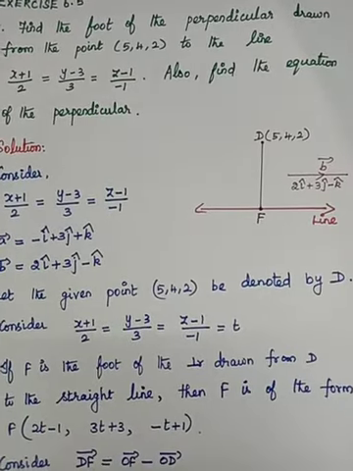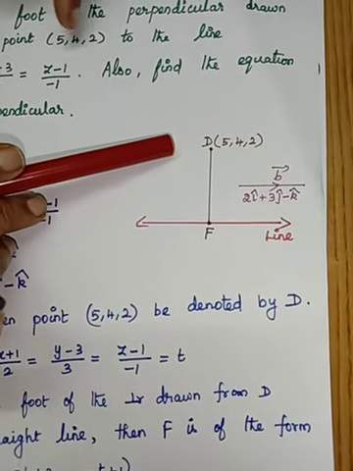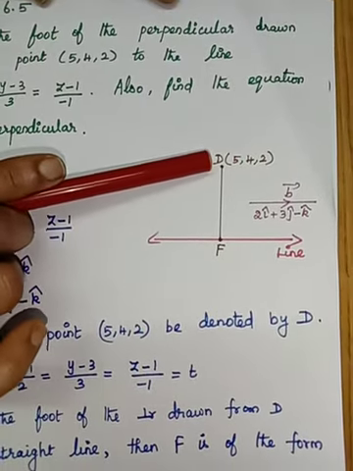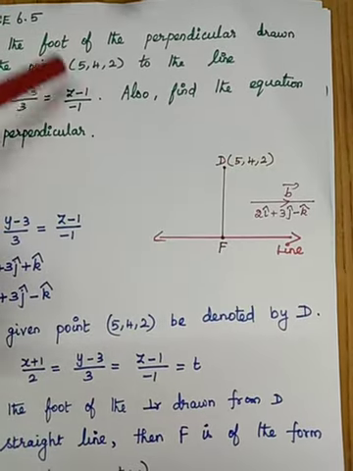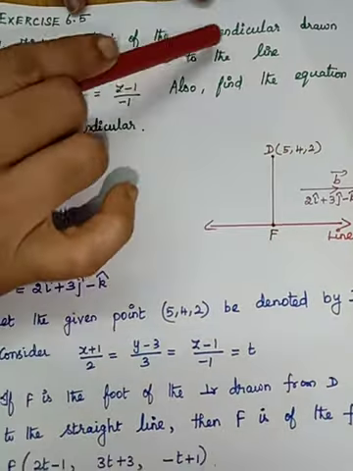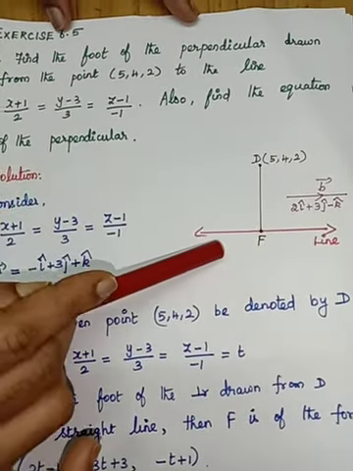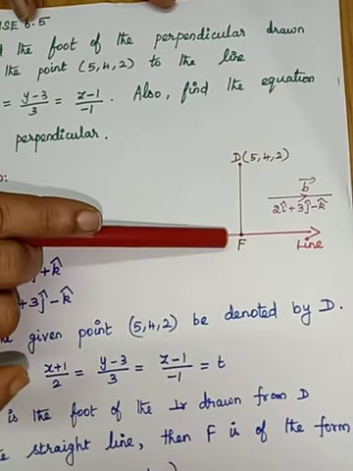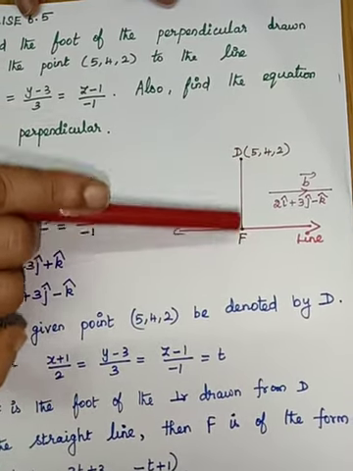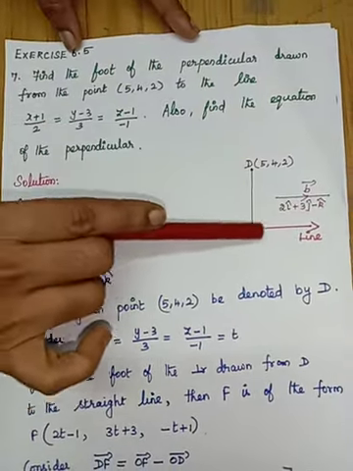So see the diagram. This is the given point, (5, 4, 2), the given point to the line. What you have to find now is the foot of the perpendicular drawn from this point to the line. Here F is the foot of the perpendicular, line DF. D is the head and F is the foot.